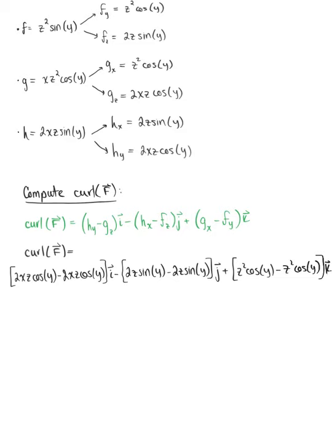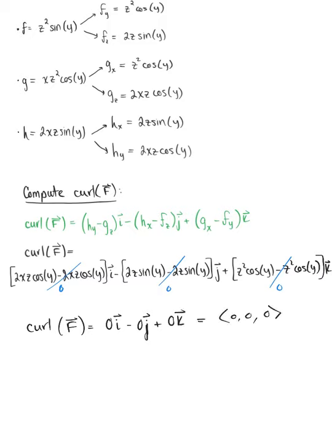And so look at what's happening here. Everything is canceling to 0. These two terms cancel, these two terms cancel, and those two terms cancel. So we are left with the curl of this vector field equal to 0 times i hat plus or minus 0 times j hat plus 0 times k hat, which is just the 0 vector.